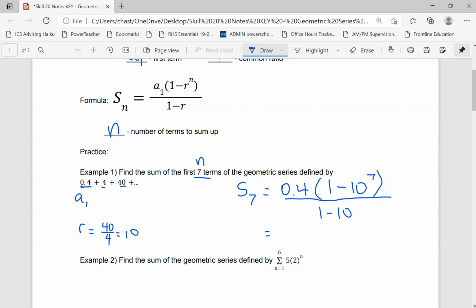For my numerator, I'm going to take 0.4, parentheses, 1 minus 10 to the 7th, and divide that by 1 minus 10. And we're going to get 444,444.4.